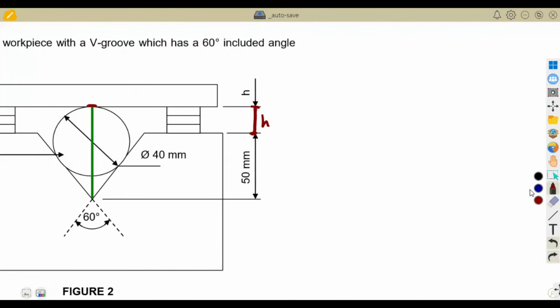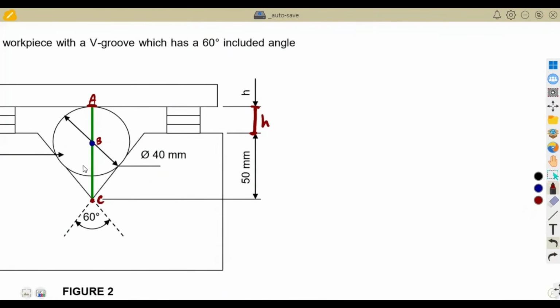So let us just name our points. Let us say this is A, the center. This is our center here. So this will be the point A here. This will be our point B. And at this end, this will be our point C. So what does it mean?